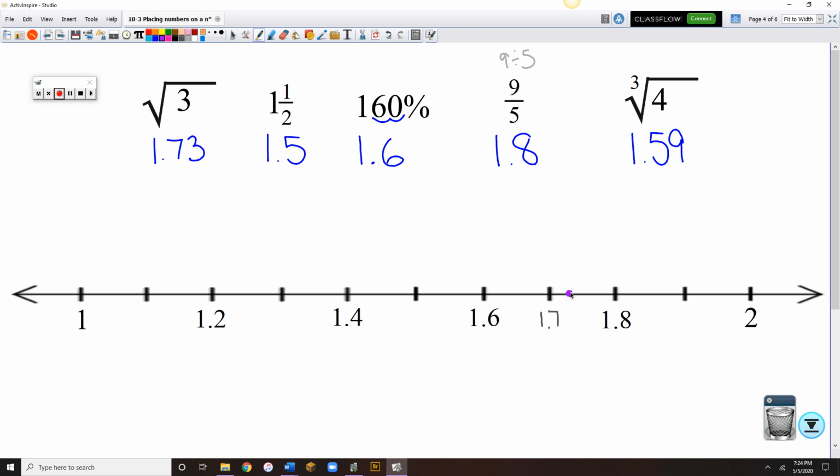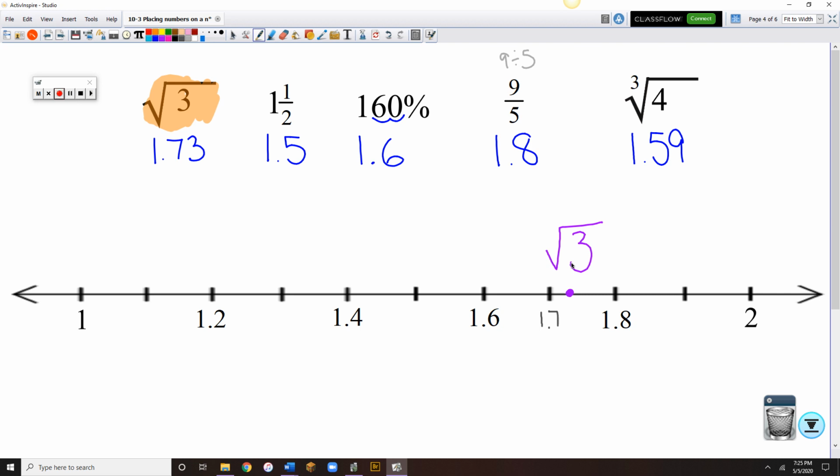Now, important point, when I go to label this dot, I needed the decimal in order to place it, but when we label, we have to label with what we were given originally. We were originally given square root of 3. That's what I label on the number line. That's an important point. Okay?